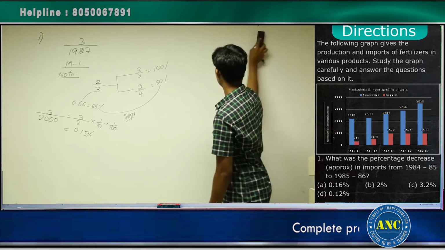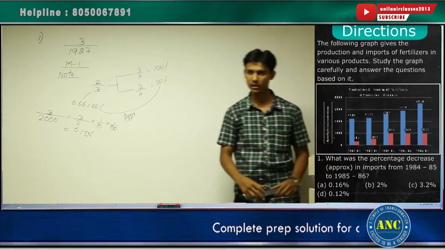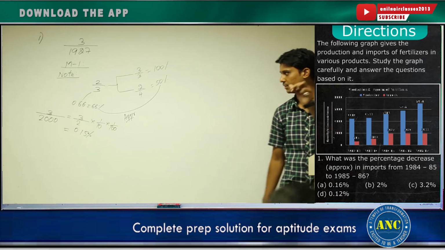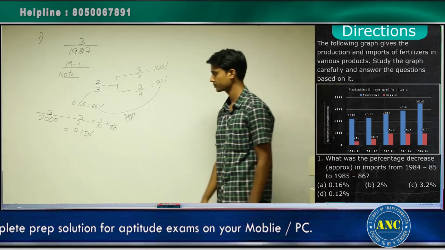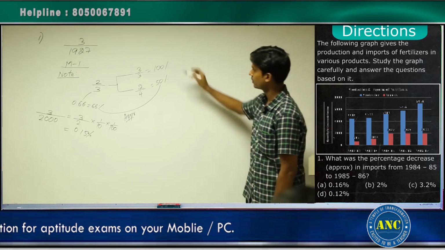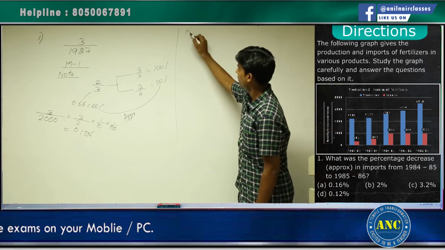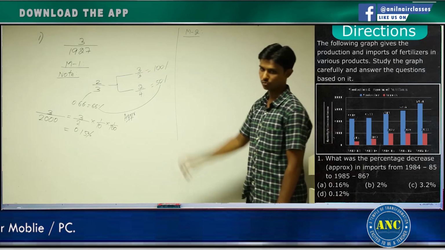Suppose I want to use the method which we discussed earlier, how to get 0.16%? Method 2.